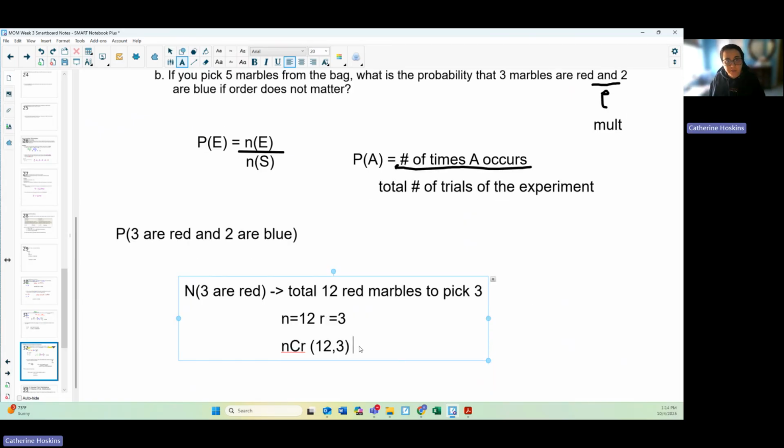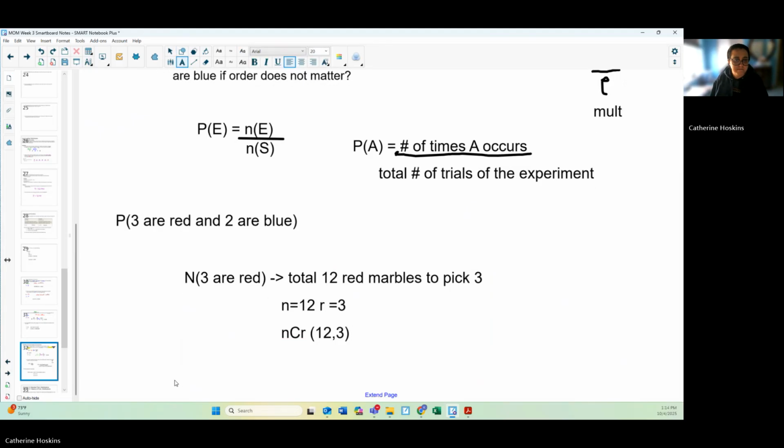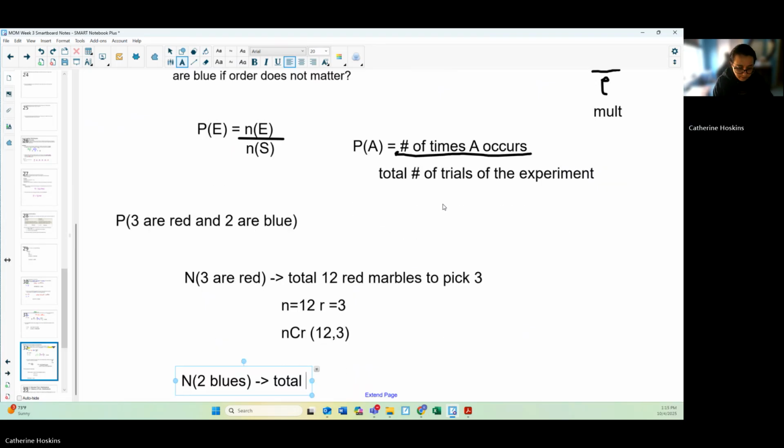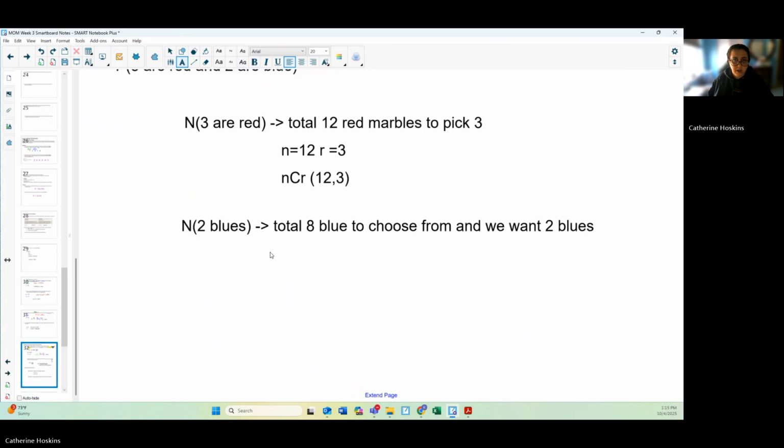Then we need to look at the total number of times 2 blues can occur. We have a total of 8 blue to choose from, and we want 2 blues. So our N would equal 8 and our R would equal 2.